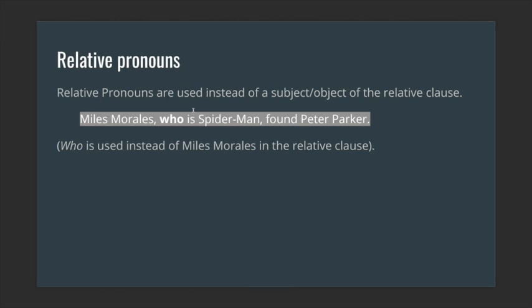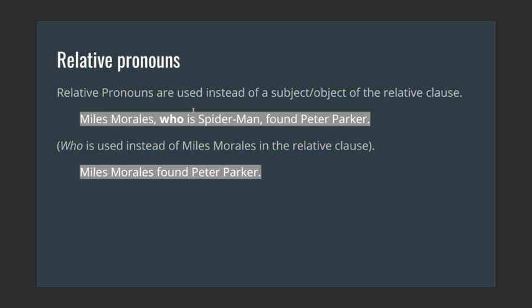So we could say Miles Morales, comma, Miles Morales is a Spider-Man, comma, found Peter Parker. So instead of repeating Miles Morales two times, we can use the pronoun who to replace it, and now we don't have Miles Morales two times.